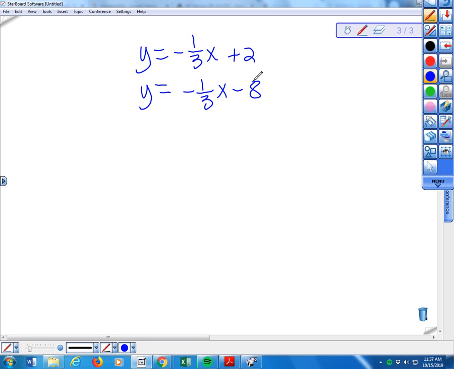Okay, determine the shortest distance between these two lines. Everybody give it a go.